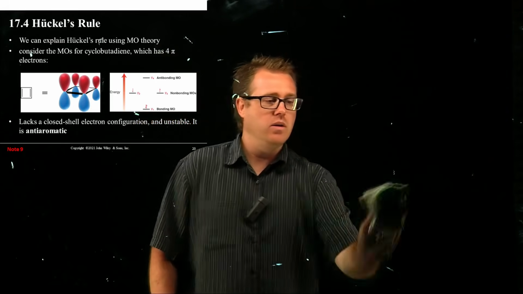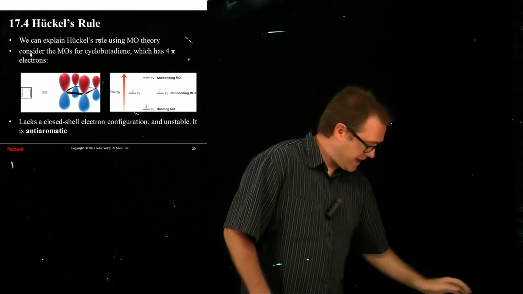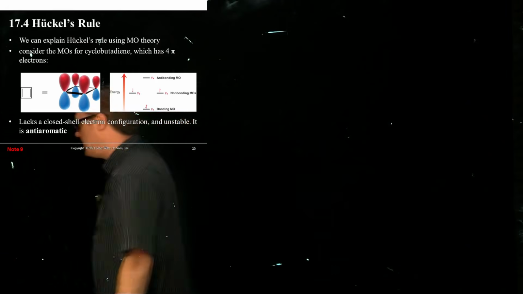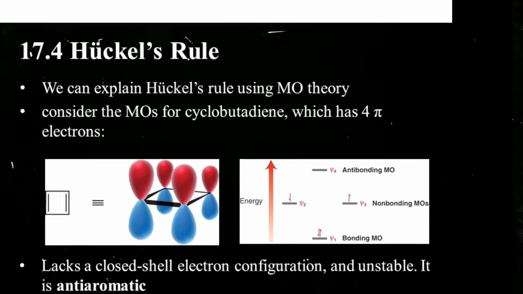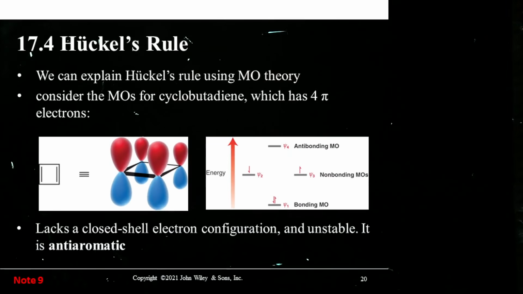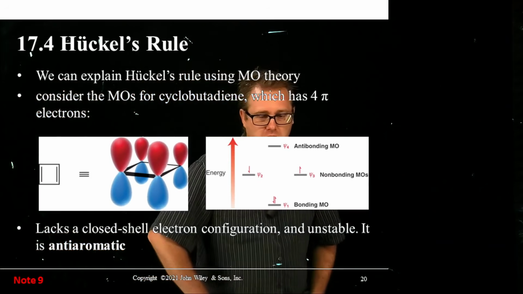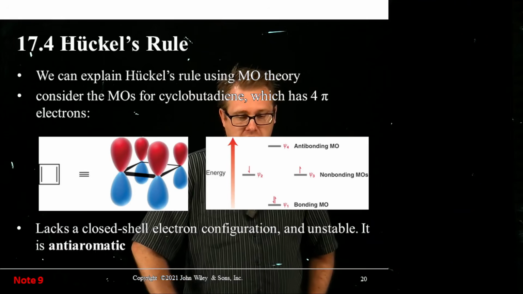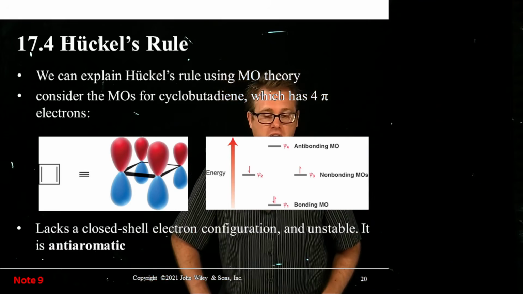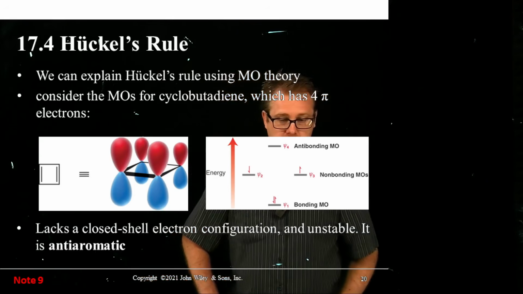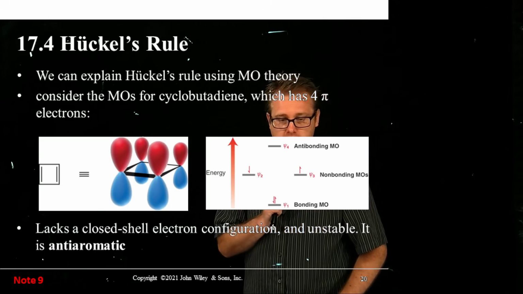The MO diagram can help us understand a little bit more as to why this is anti-aromatic. It all comes down to this: when you look at that MO diagram, the image on the right, do you see how there are pi electrons, 2 of them, in the bonding molecular orbital?